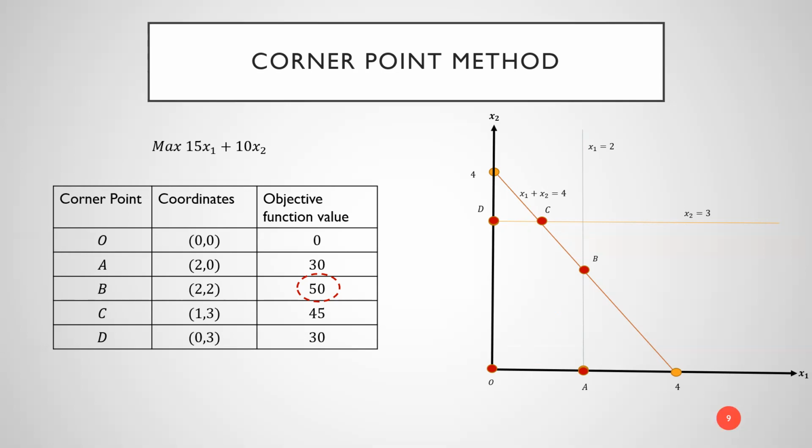If there is going to be an optimal solution to a linear programming problem, it will occur at one or more corner points. So this optimal solution is definitely on one of these corner points. Therefore, we can evaluate the objective function at the extreme points to find the optimal value and the optimal solution.